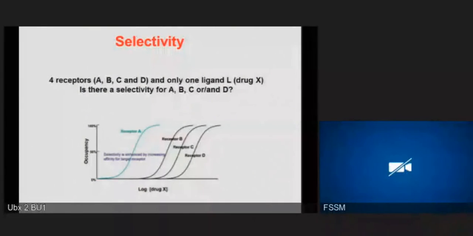Then, if you increase the concentration, you will recruit a receptor B, a receptor C, and a receptor D. So, my question is, do you have a selectivity of X toward A, B, C, or D?